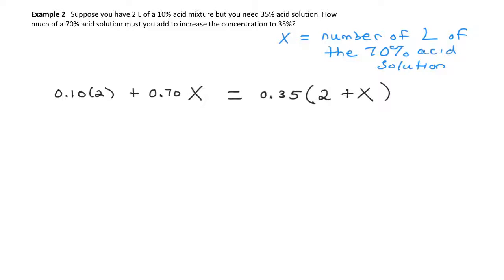I mean, the X is appearing on both the left and the right side. X is how much I'm pouring in. The best way to write that is 2 plus X as my final amount over here. So this side was what I mixed together. This side is what I want to end up with. I can now ignore all of that meaning and just try to solve this linear equation.